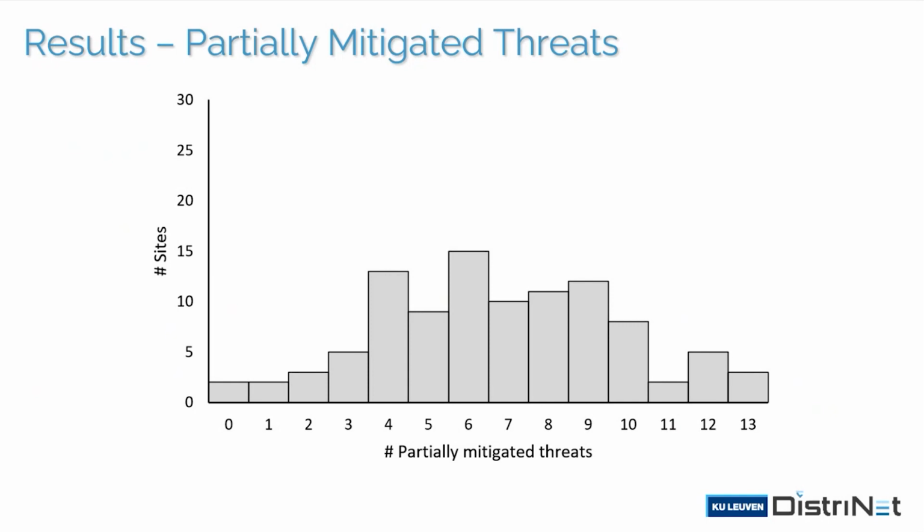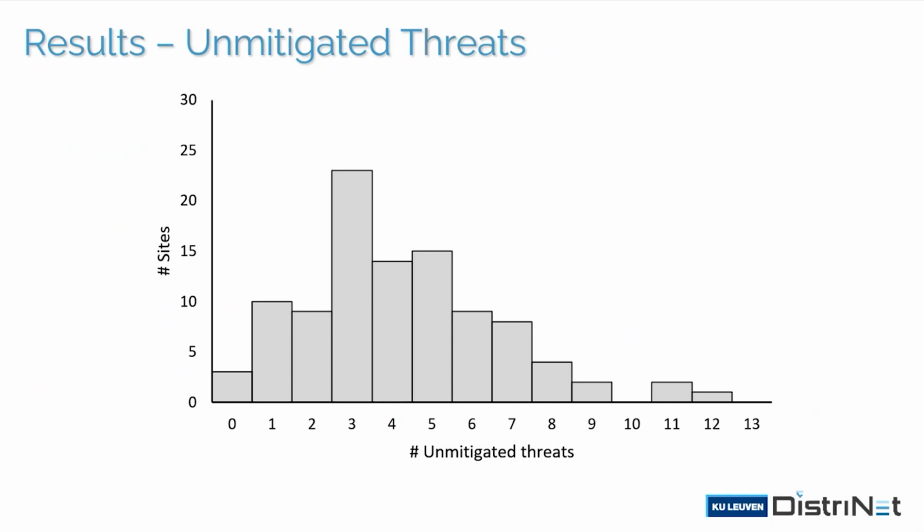It's difficult to say whether they are vulnerable, but it's clear that in terms of security, some improvements could be made. However, if we look at the unmitigated threats, and these are the threats for which not a single countermeasure is present, then we get this. And we see that most sites actually have 3 or more unmitigated threats, completely unmitigated, right? And this is obviously bad news, right?